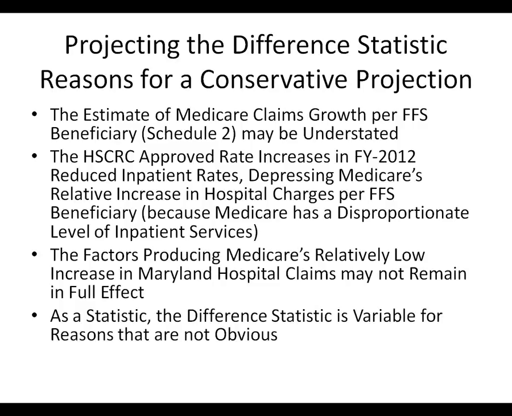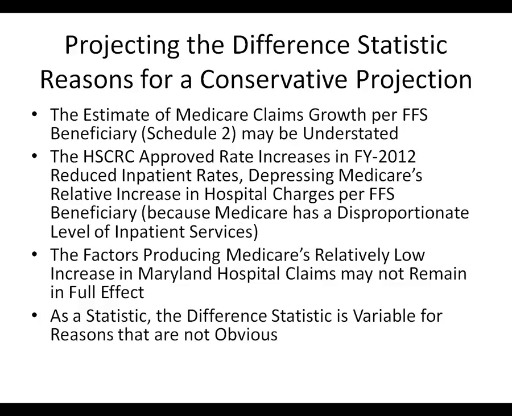Okay, so in projecting the difference statistic, I would suggest that it's very important that we begin with a conservative projection. The reasons are, first, that our estimate of Medicare claims per fee-for-service beneficiary, which was projected on Schedule 2, may indeed be understated.